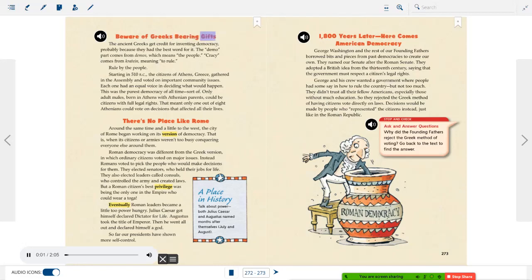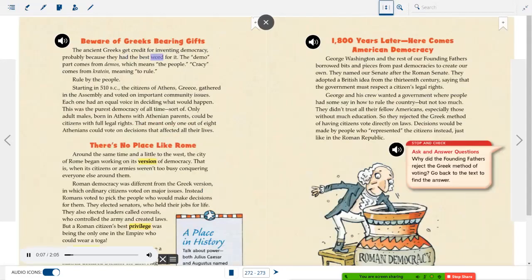Beware of Greeks bearing gifts. The ancient Greeks get credit for inventing democracy, probably because they had the best word for it. The demo part comes from demos, which means the people. Cracy comes from kratian, meaning to rule. Rule by the people. Starting in 510 BC, the citizens of Athens, Greece, gathered in the assembly and voted on important community issues.